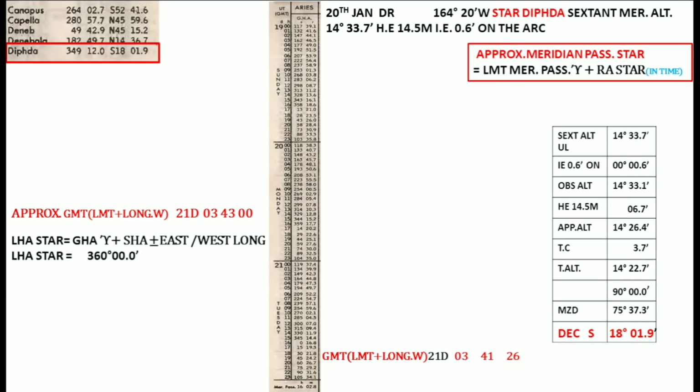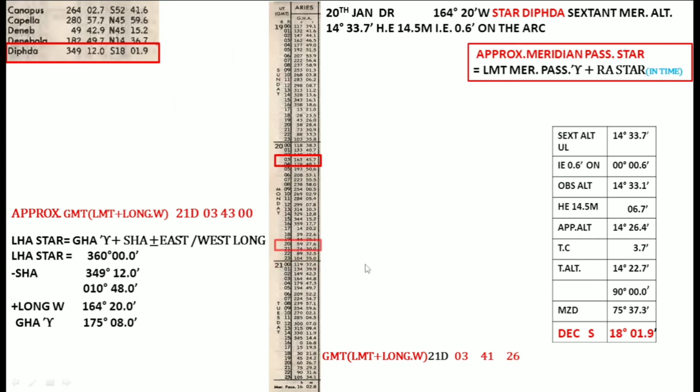If the question was asked, most probably the examiner wants you to find out the exact time, so you will go with this equation here, LHA equals GHA minus 360. Use your SHA, longitude, get your GHA Aries. This is 175. Here, this is what I get at 3 o'clock if the date was correct.